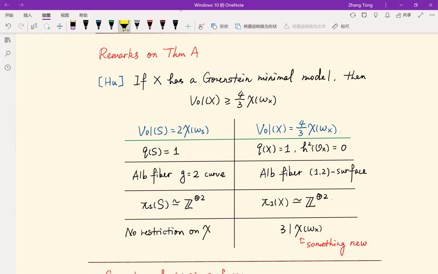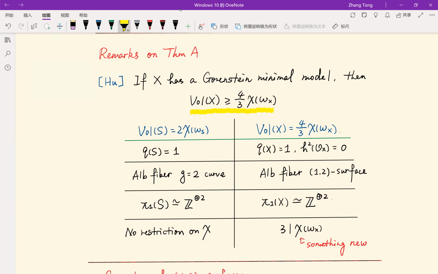So this was known. But in general, we cannot control the singularities on the minimal model of X. If the minimal model has worse singularities, his approach may not be applied in the general setting. Okay, that's the first remark.